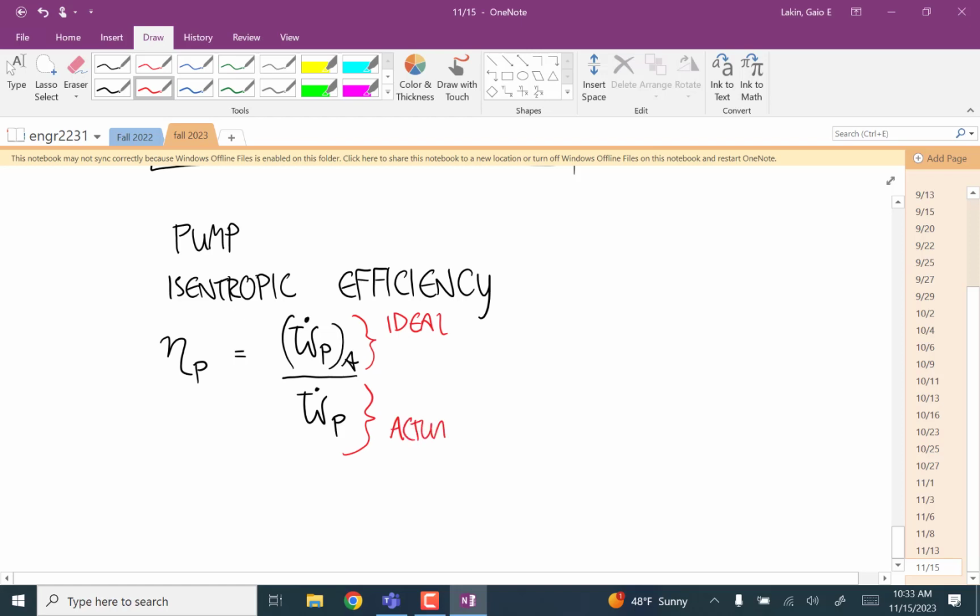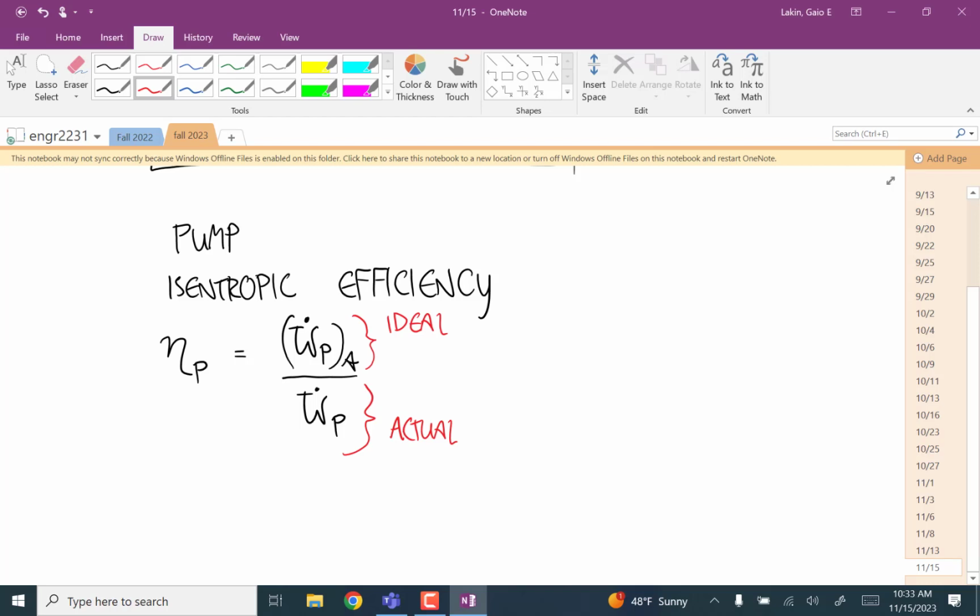Just think about, so to get the ratio right, just think about in each case which one is going to be higher. And if we're talking about an efficiency, we know we're going to have something smaller than 1. And then that'll help you get the right numerator and the right denominator for both of these. Okay? Are you with me on that? The turbine, we're getting energy out.